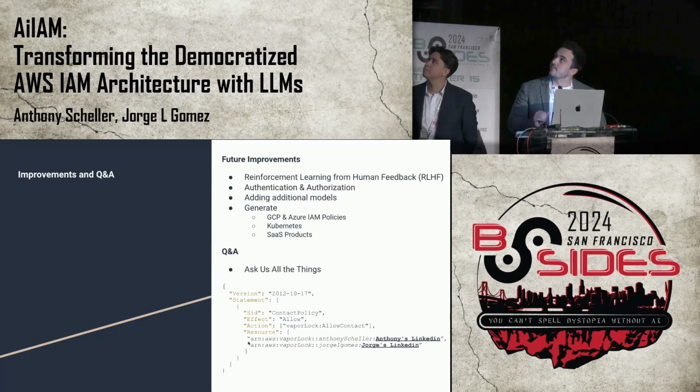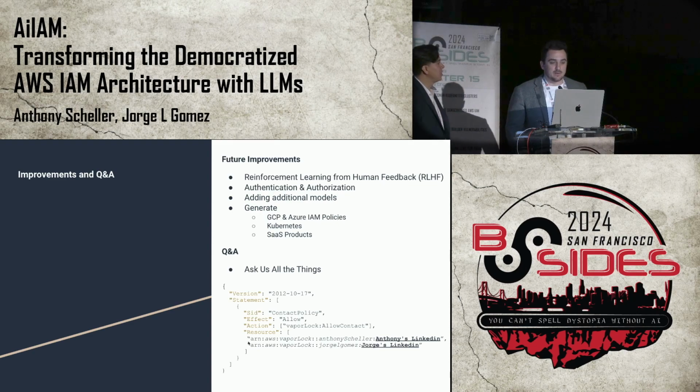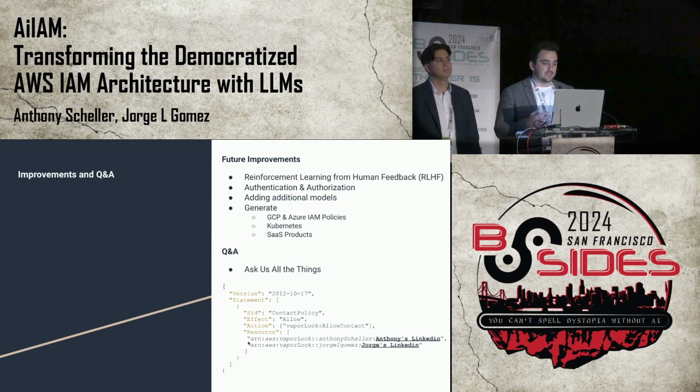Oh, okay. And so some future improvements. One of the things we already know that we want to do to make the effectiveness of the policy creation even better is start implementing reinforcement learning from human feedback. What that's going to allow us to do is, we now have that data from the original prompt that was created by the application.